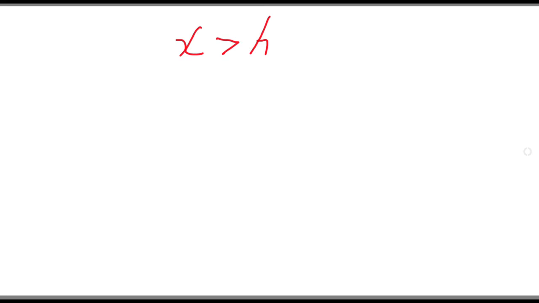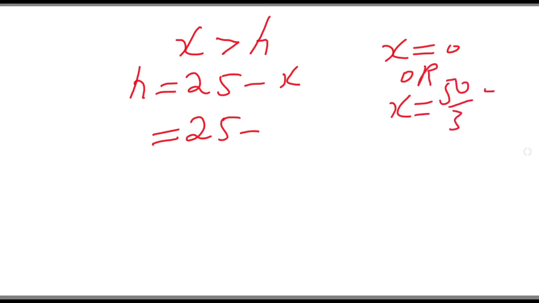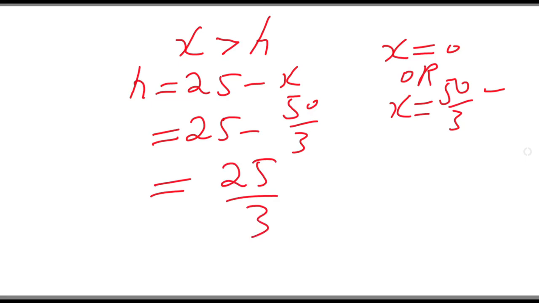Now h value we found earlier is 25 minus x. So for x value 0, and the second x value 50 over 3, I'm going to substitute 50 over 3 here, and simplify, using the calculator. The answer becomes 25 over 3.